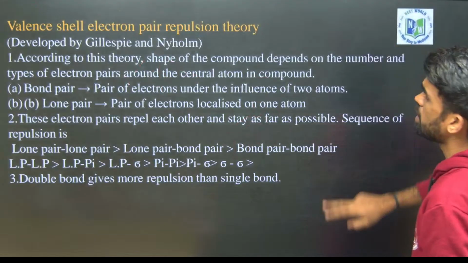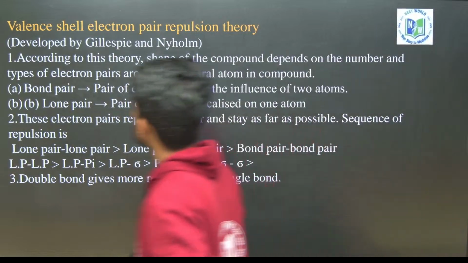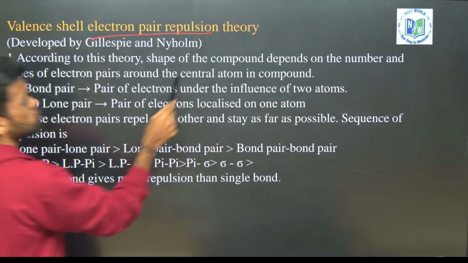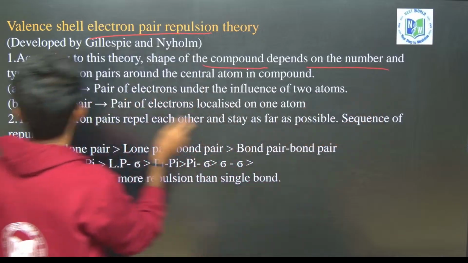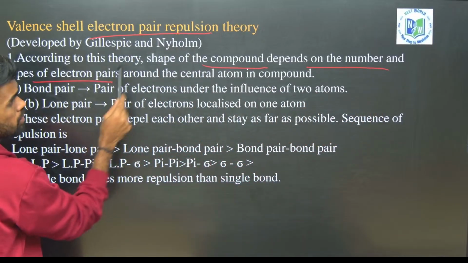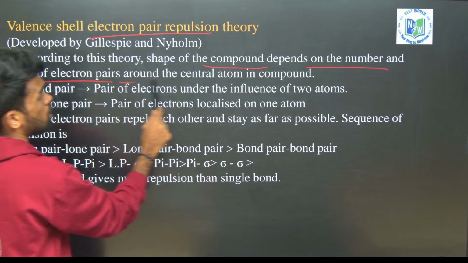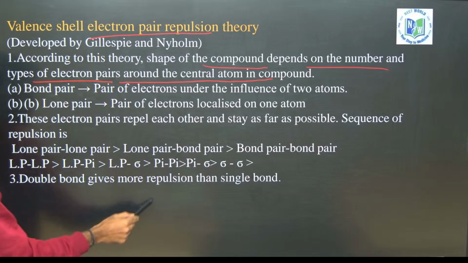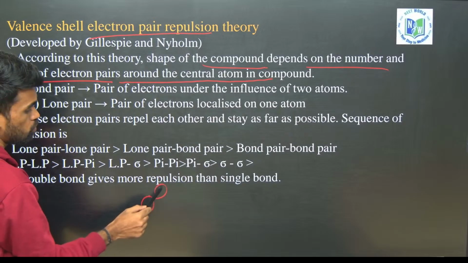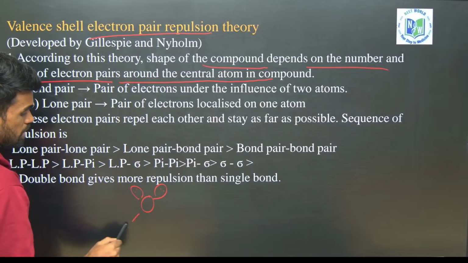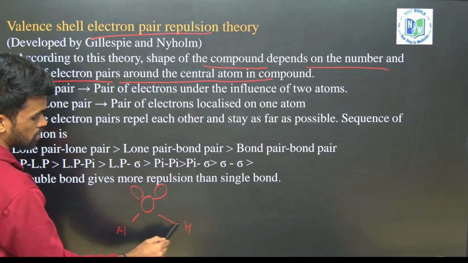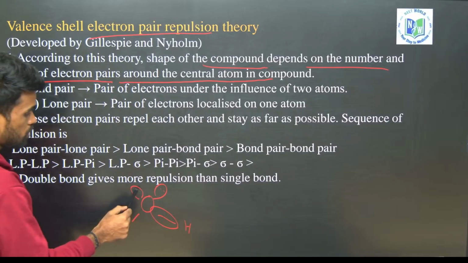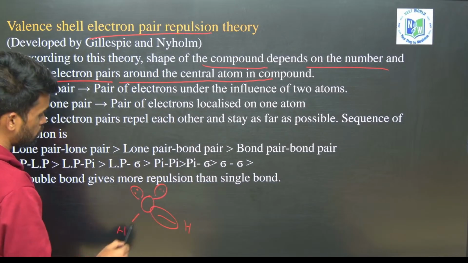According to this theory, the shape of a compound depends on the number and type of electrons around the central atom. Around the central atom we have lone pair electrons and bond pair electrons. The electron pairs present between two atoms are bond pair electrons.